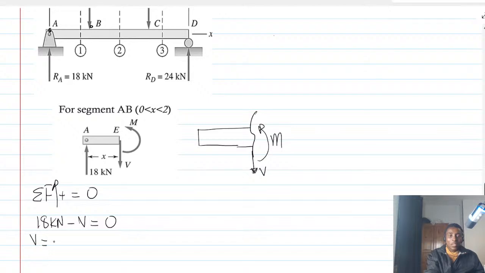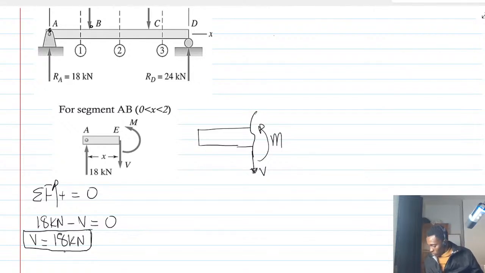Which means that V is 18 kilonewton. Is that clear? Now what does this tell us?